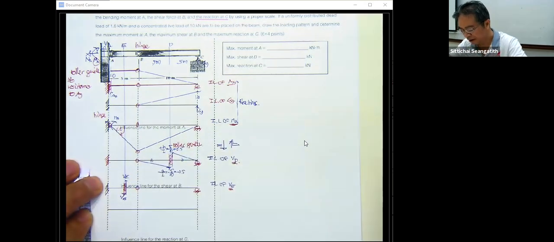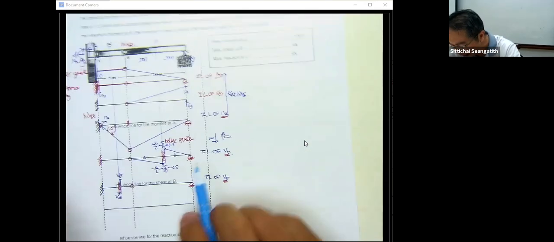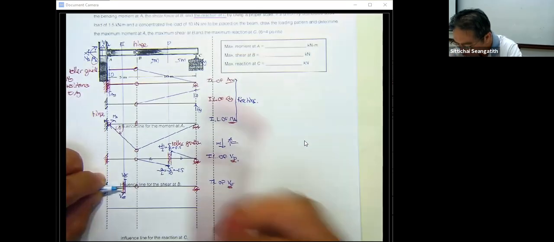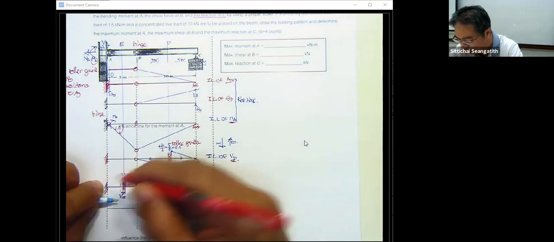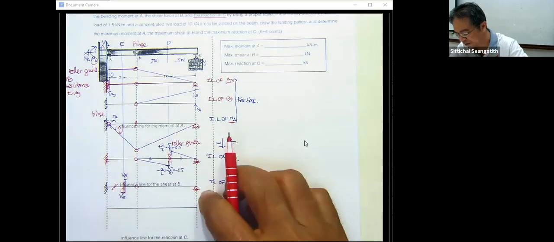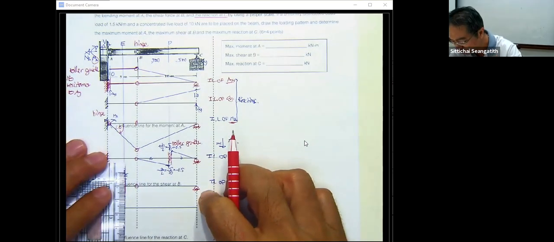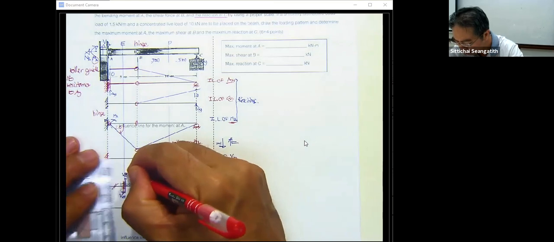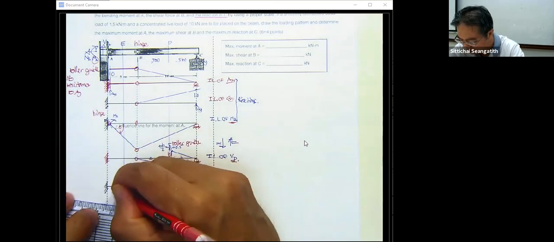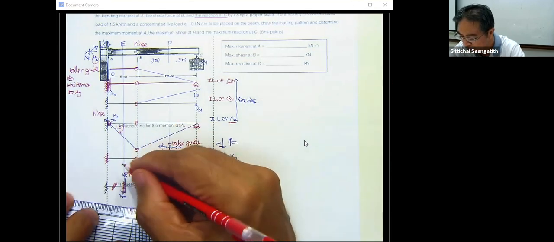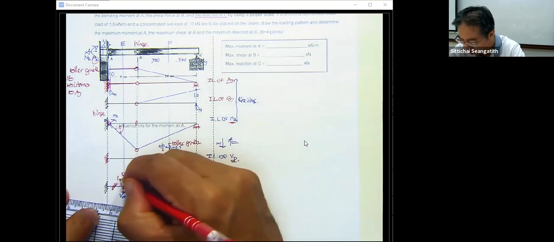What happens is that the V sub E that acts here, the force here, cannot move this portion because this is fixed. So by doing this, only this portion will move by 1 unit, moved up, and it is going to be parallel to this, and the value here is going to be 1.0.